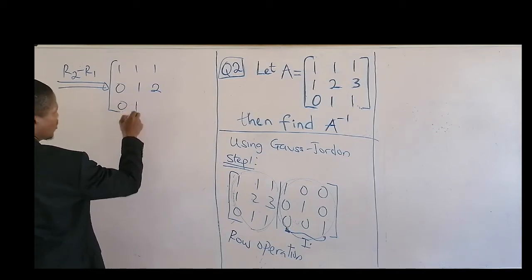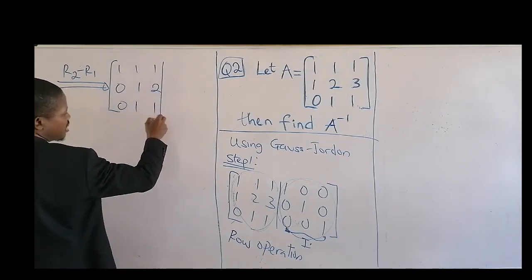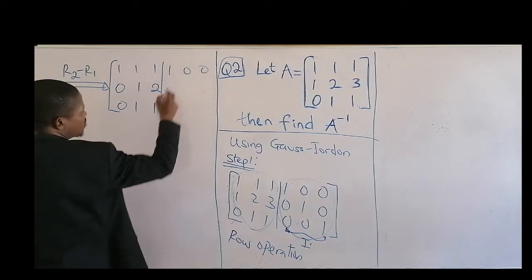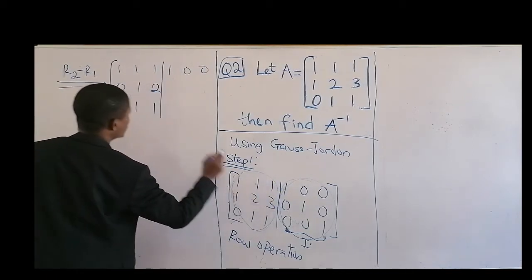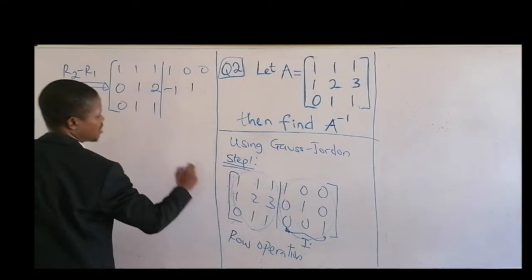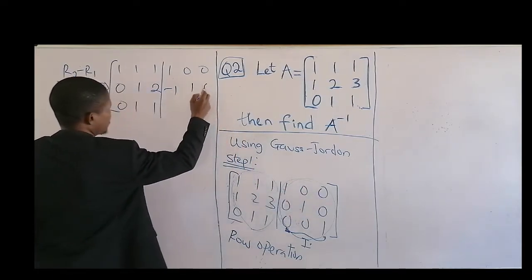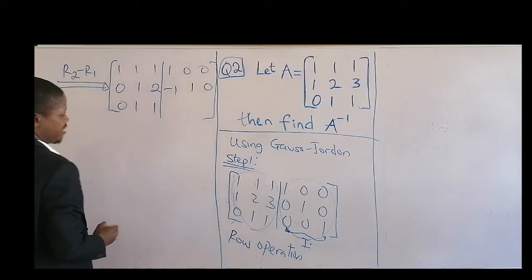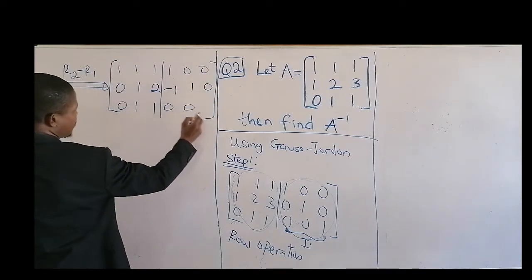Then 0, 1, 1. Okay, come back here, 1, 0, 0. And then 0 minus 1, that's minus 1. 1 minus 0, that's 1. 0 minus 0, that's 0. And then the third row, nothing happened there.